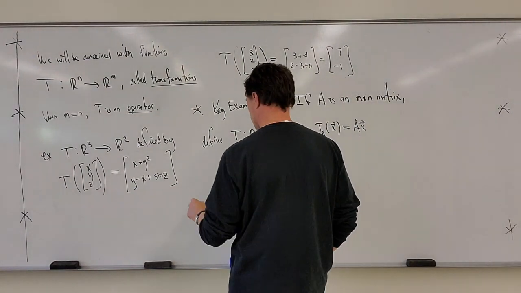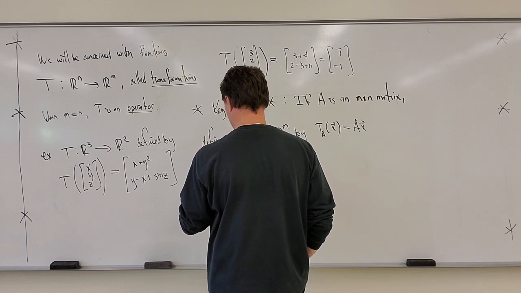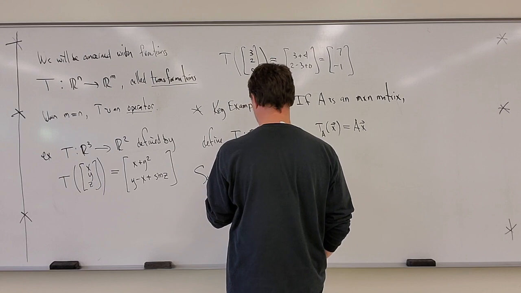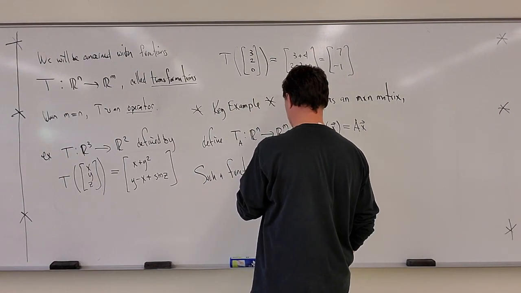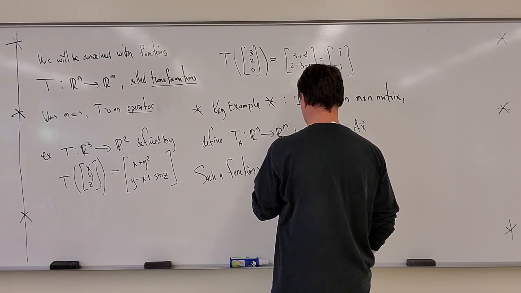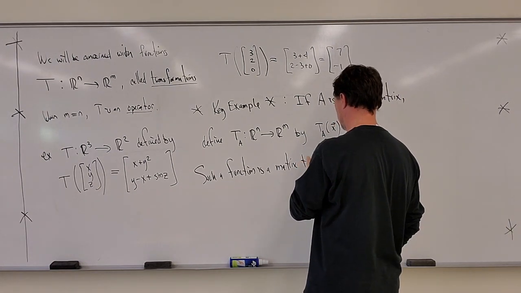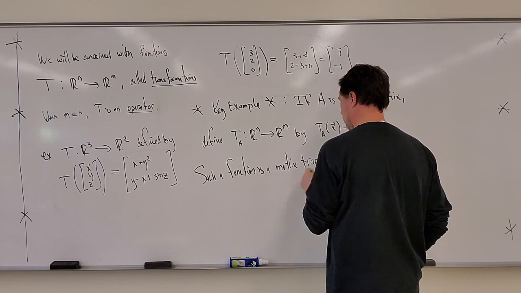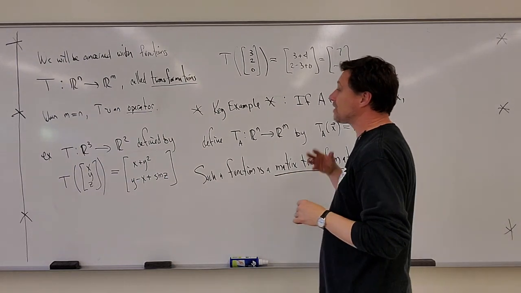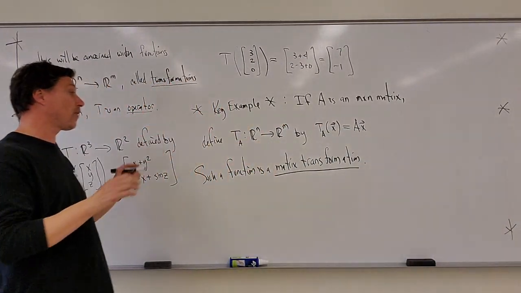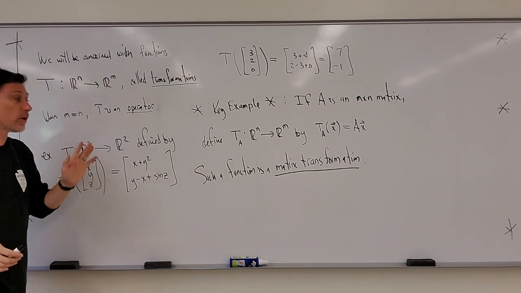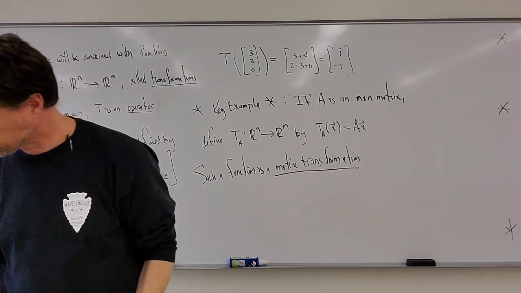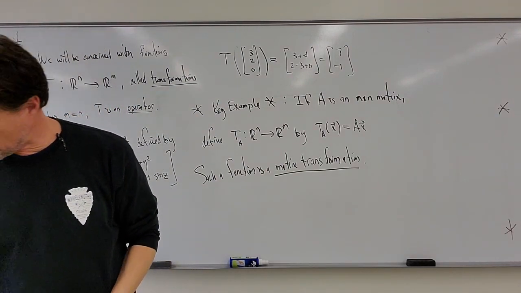Such a function is a matrix transformation. So that is the key example of the type of transformation that we are going to be studying. Those are the ones called matrix transformations. So, yeah, let's try an example.